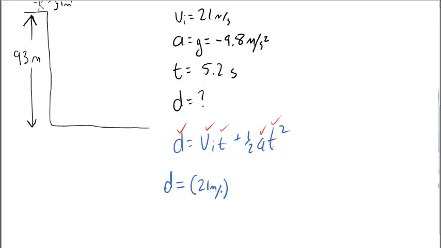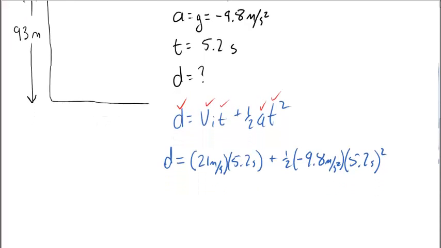21 meters per second times 5.2 seconds, plus 1/2 times negative 9.8 meters per second squared times the time of 5.2 seconds, all squared. Now this will be minus because this term on the right has a negative 9.8.